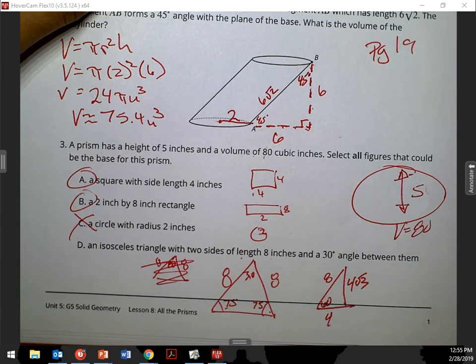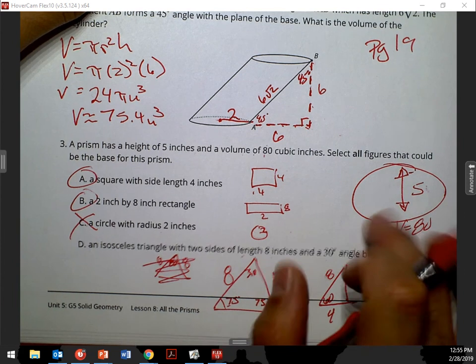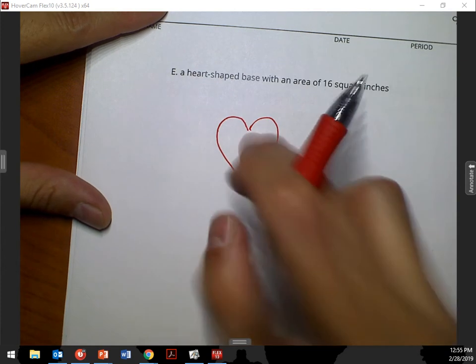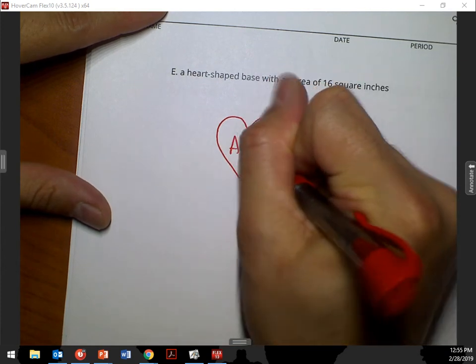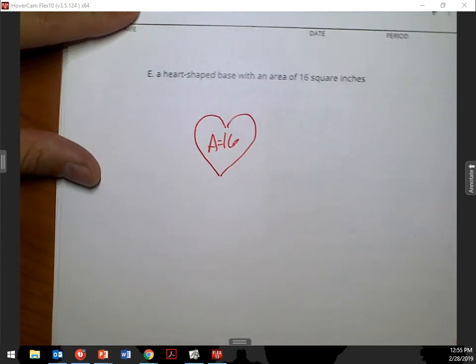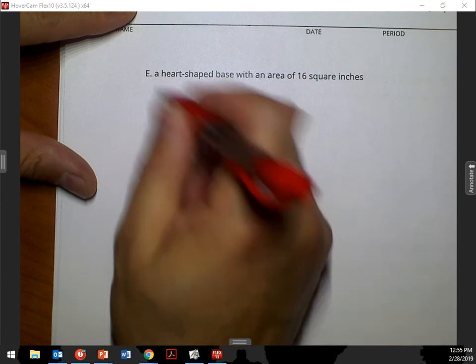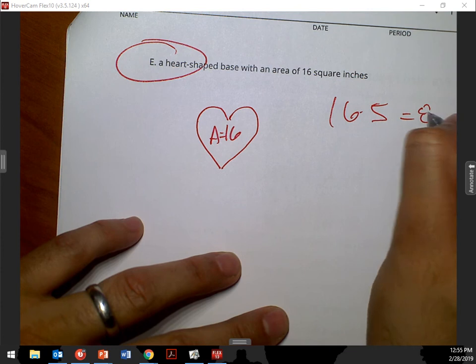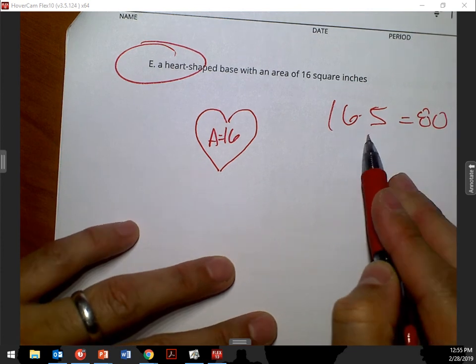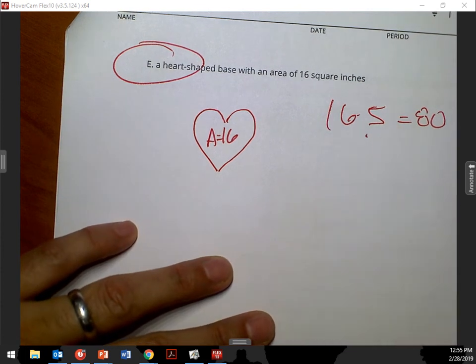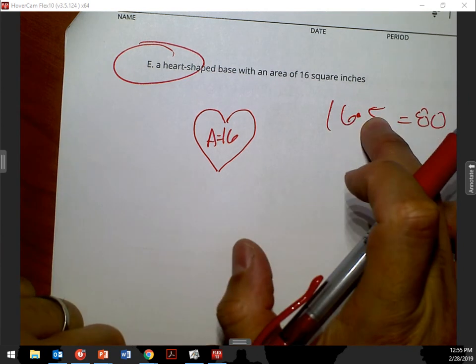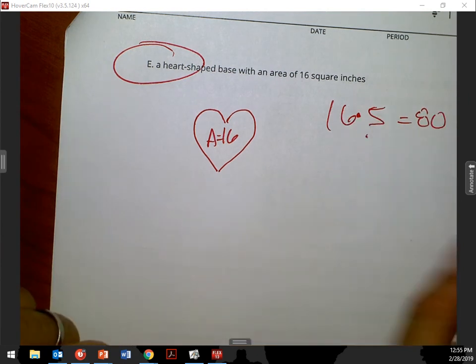Yeah, 5. So it's going to be 16 times 5, which is still 80, right? So no matter what the shape is, if I know the base has an area of 16, that's going to work out to the right volume. 5 was my thickness. So if the area does not add up to 16, it's not. In this case, all my heights are 5. So 16 times 5 is 80.